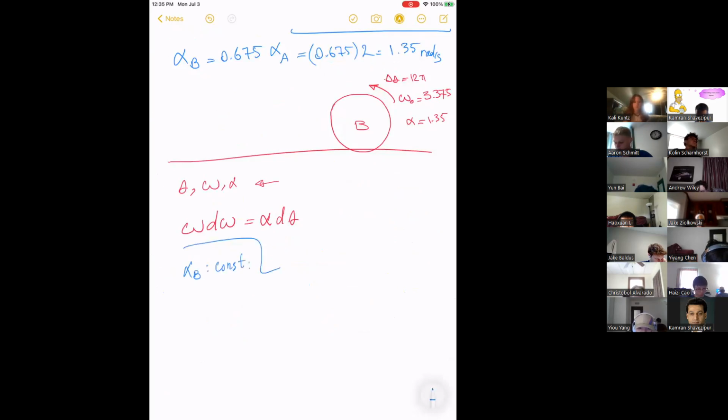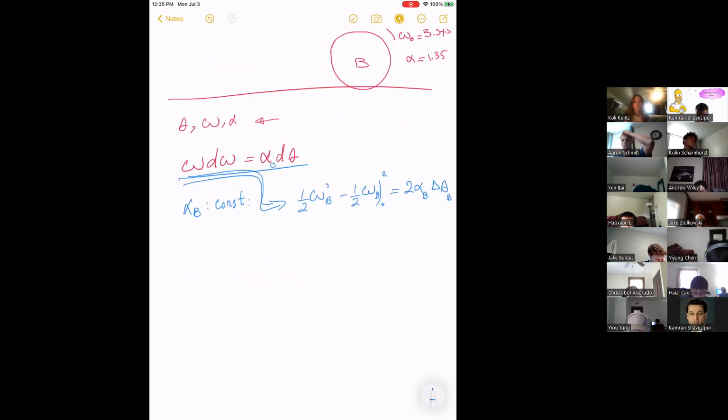And then this equation is going to be half omega B squared minus half omega B0 squared is equal to alpha B delta theta B, right? I integrated this because alpha is constant. It gives you this equation. Therefore, omega B squared, and sorry, this shouldn't be 2. This should be alpha delta theta.